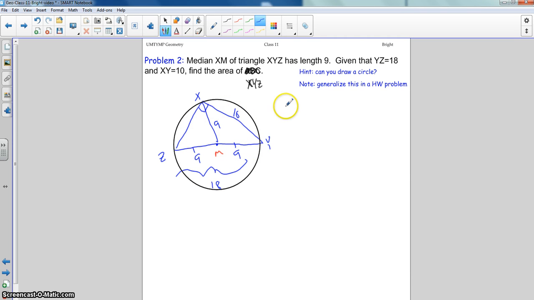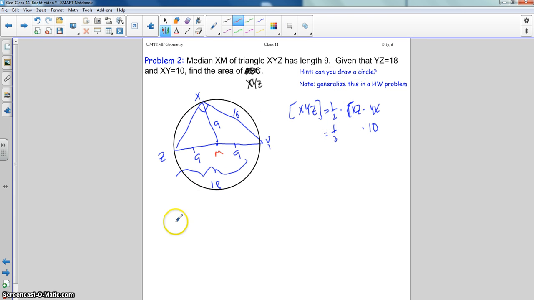And so the area of XYZ can be written as 1/2 times whatever the base is, so XY or XZ, and that doesn't need brackets, times YX. And I know YX to be 10, so my job is to determine what the length of XZ is.